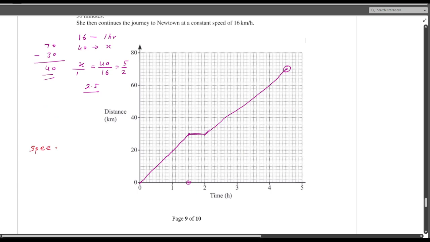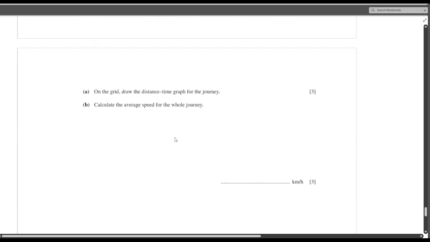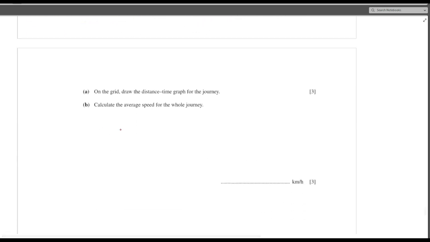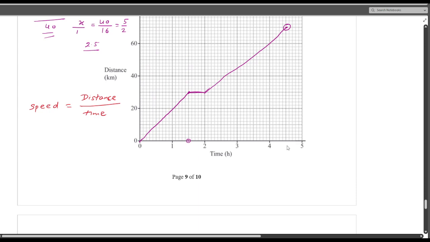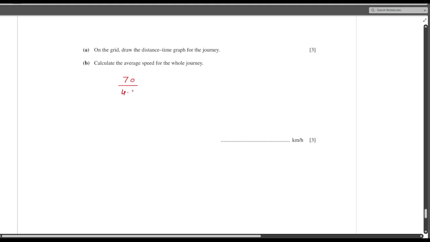Speed is equal to distance divided by time. Now the second part of the question is calculate the average speed of the whole journey. So the total distance is 70 kilometer, and the total time, if you see, is 4.5 hours. So 70 divided by 4.5, this is your average speed.